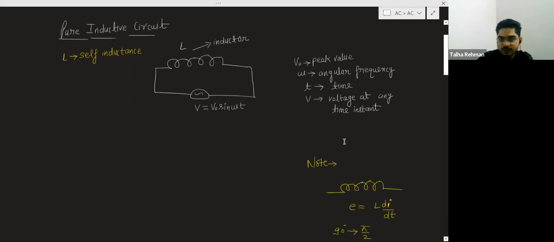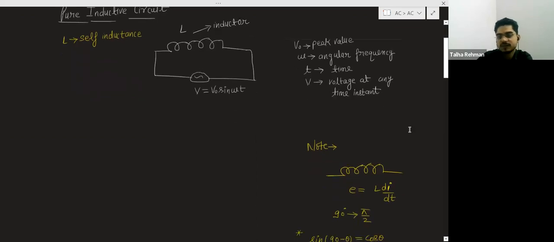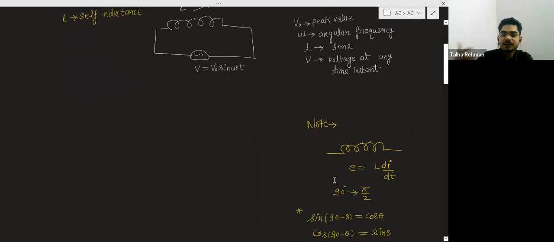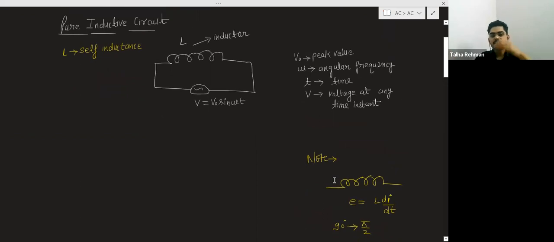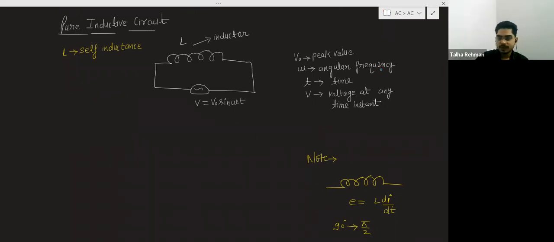Before that, I want to tell you something about the inductor. We have already discussed this. In an inductor, what happens? The inductor always opposes the change in the current. If the current in an inductor changes, due to induction there is an EMF induced in that inductor. E is equal to L di by dt.